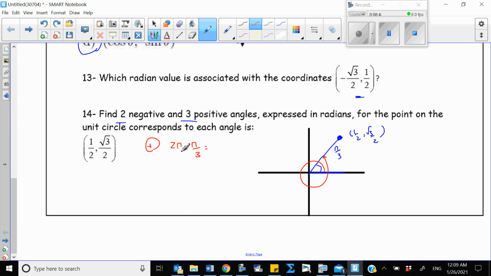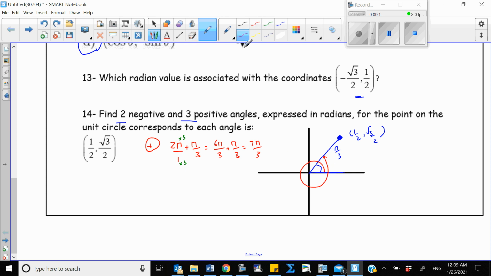Okay, then just add these two. Because it's a fraction, you need to set a denominator of 1 and then find a common denominator. Multiply this by 3, both top and the bottom. It will be 6 pi/3 plus pi/3, and it's 7 pi/3. So that's one of the positive ones. To find the other two, you just need to make another circle here.